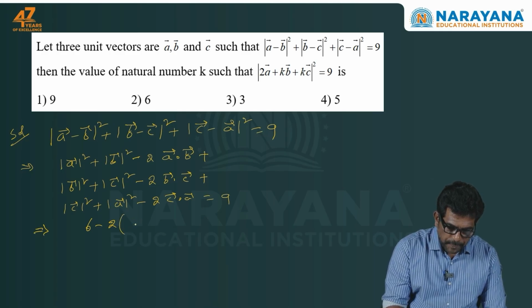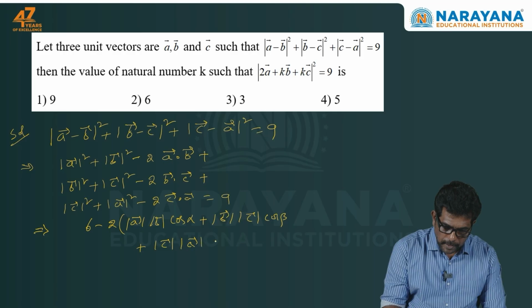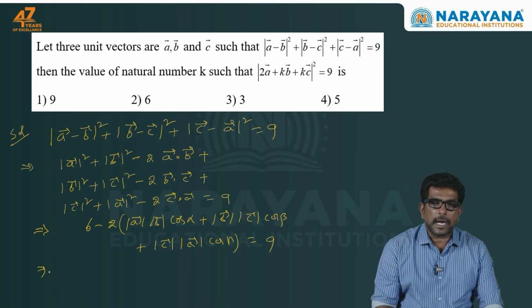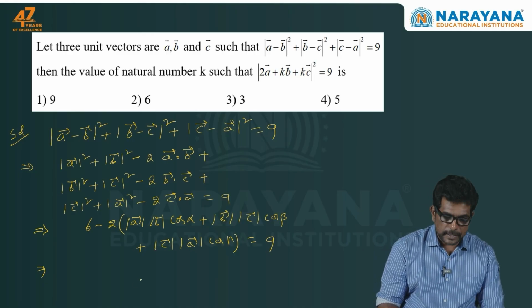We have the formula a bar dot b bar is equal to mod a bar mod b bar cos alpha, where alpha is the angle between a bar and b bar, plus mod b bar mod c bar cos beta, plus mod c bar mod a bar cos gamma, is equal to 9. Here alpha, beta and gamma are the angles between a bar and b bar, b bar and c bar, and c bar and a bar.